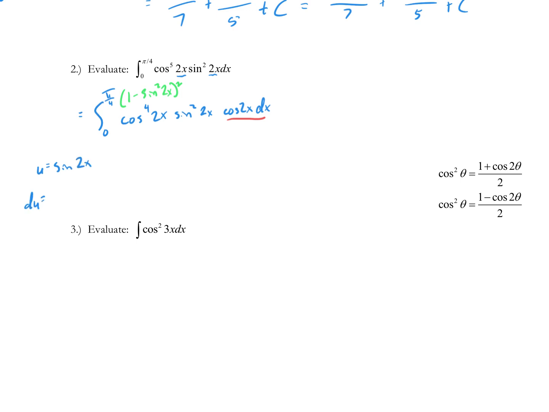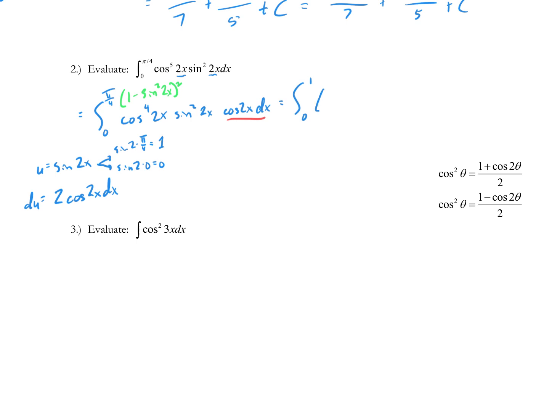We set u equal to the sine of 2x, and du is 2 times the cosine of 2x dx. And I'll also consider my bounds right now. For the bottom bound, the sine of 2 times 0 is still 0, and the sine of 2 times pi over 4, 2 times pi over 4 is pi over 2. The sine of 90 degrees, pi over 2, is 1. So after our u substitution, our bounds are from 0 to 1.